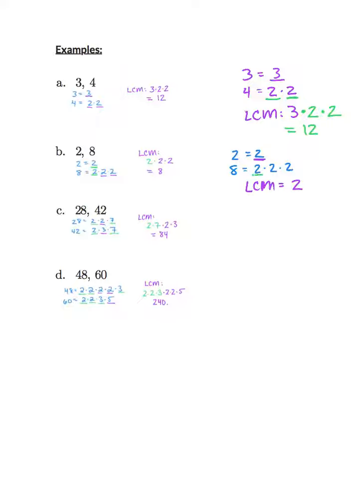Is the first 2, do we have a 2 in the LCM? Yes, so we don't need that one. Do we have a second 2 in the LCM? No, so we need to add that one. Do we have a third 2 in the LCM? No, we need to add that one as well. So we get 2 times 2 times 2 is equal to 8.